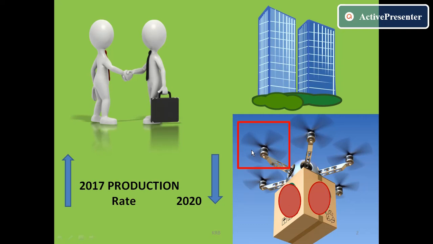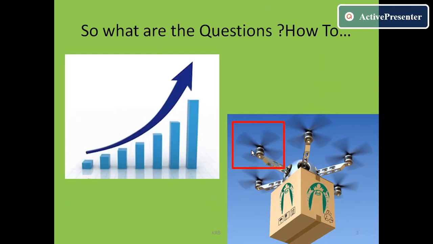It may be that the coding has some problem or the hardware is facing some problem. So both the stakeholder as well as you as a developer can have many questions to resolve this problem. The questions can be how to increase the production rate and resolve the problem in the product, here to resolve the blade problem in the drones.